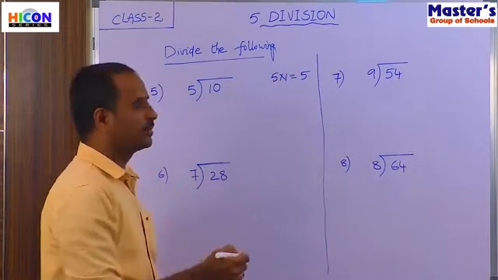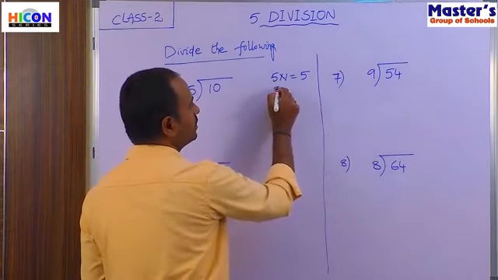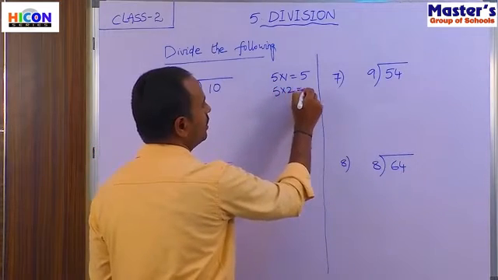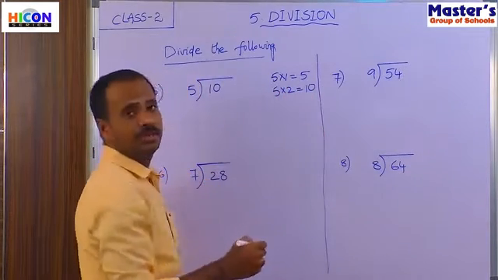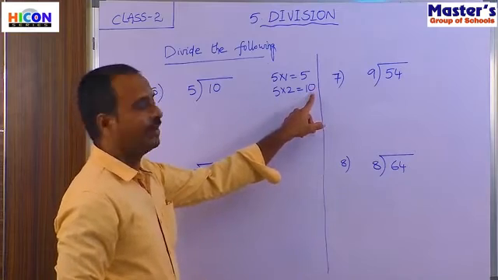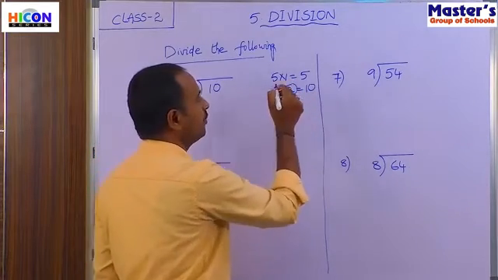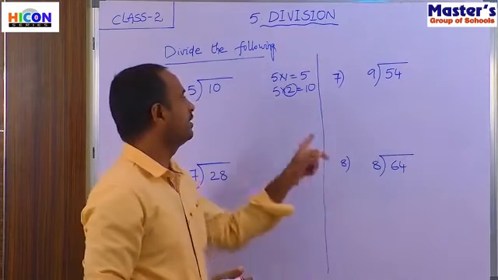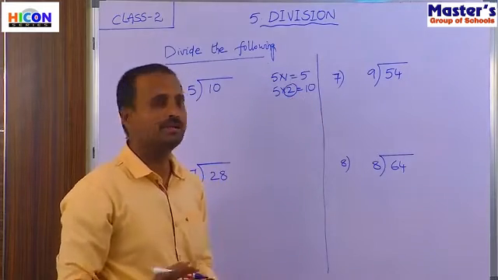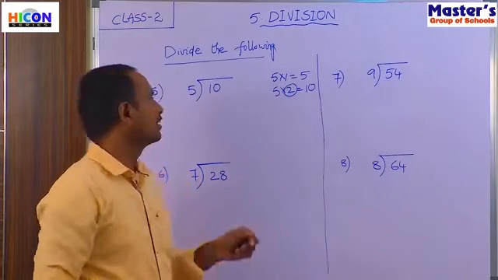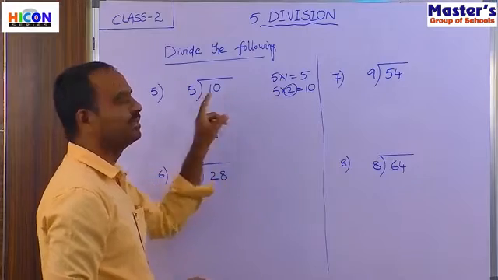Now take 2 times. 5 twos are 10. Finally, we have got the number 10. When does the number 10 come in the fifth table? If you take 2 times, we get the number 10. So we have to take 2 times. That is 2 times 5 is 10.